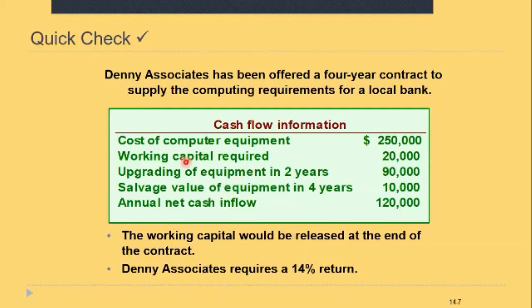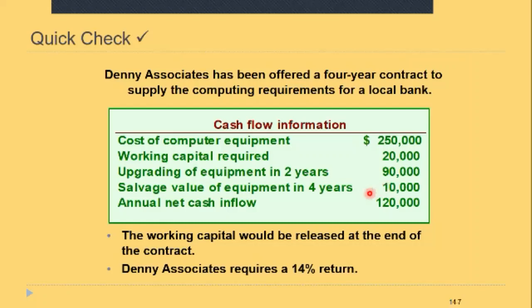All the others: the cost of the equipment is an outflow. The working capital required, outflow. Upgrading the equipment in 2 years' time, that's an outflow as well. The salvage value, this is what you can sell it for after you finish the investment.